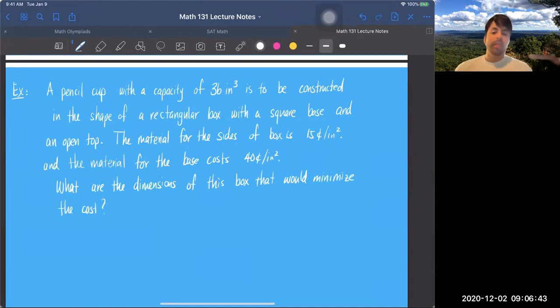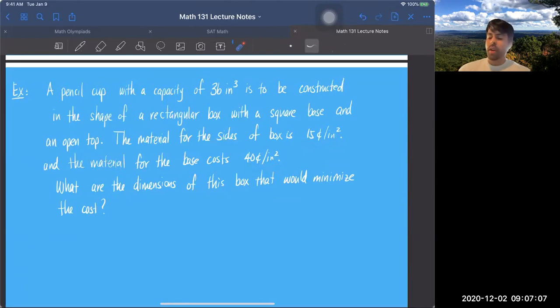So make believe you were in this position and you were selling pencil cups, pencil holders, and they were rectangular boxes, open top and a square base. And you had to pay out of your pocket to create these things. And you know that the material has this kind of cost, right? 15 cents per square inch for the sides, and 40 cents per square inch for the base.